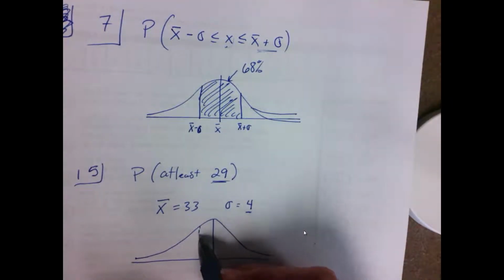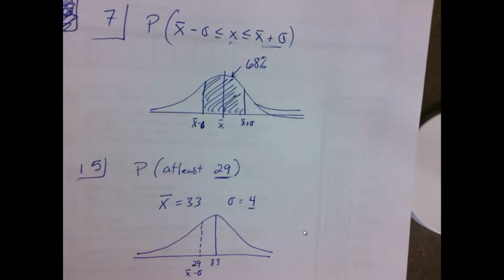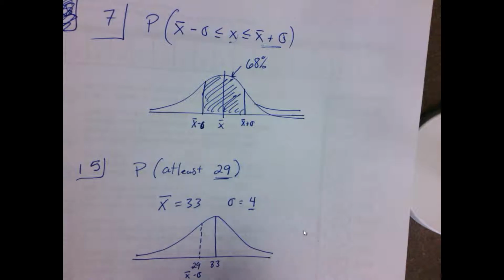So if I come back over here to 29, that's really the average minus a standard deviation. Because we have the average of 33 minus one standard deviation, 4, this should line up with my picture, which I'm going to show you again right up here.